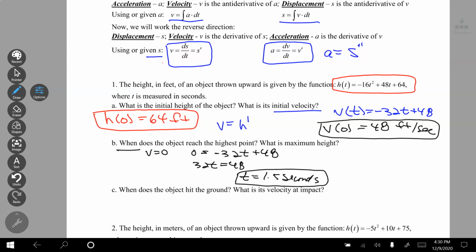Well, its maximum height is h of 1.5 seconds, which will be, h of 1.5 is going to be negative 16 times 1.5 squared plus 48 times 1.5 plus 64, and the max h, which happens at 1.5 seconds, is 100 feet.